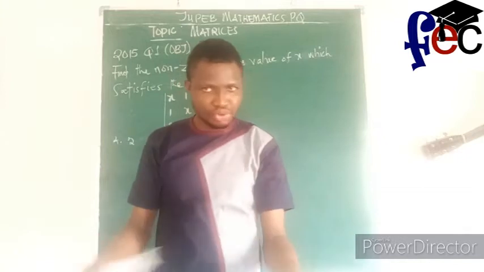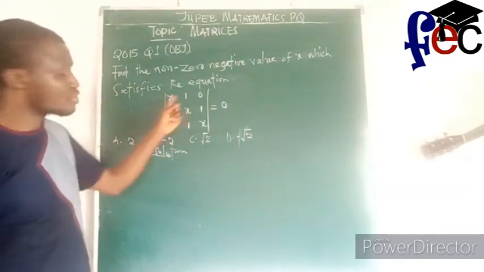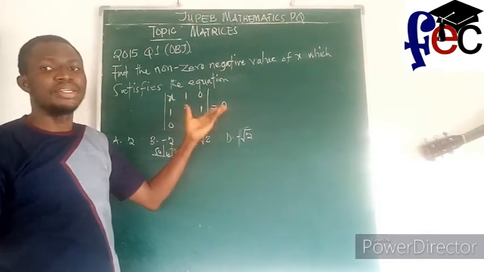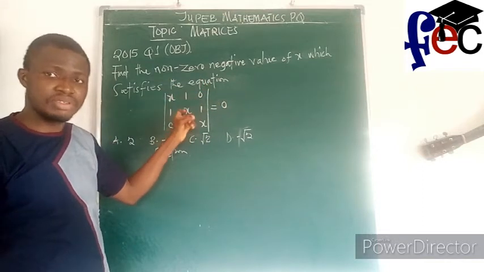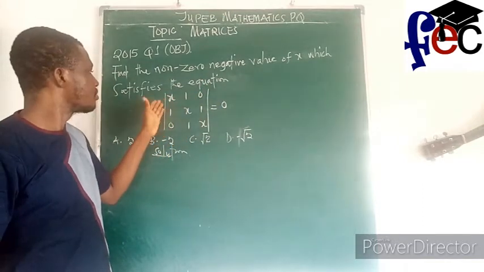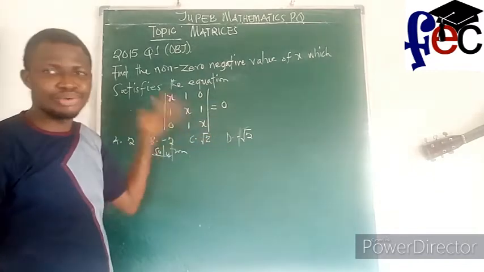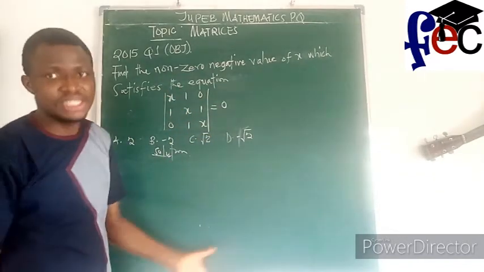I know the one you are used to is the first row, and we'll make use of that. But you can still get the determinant using any of the 3 rows or any of the 3 columns. You will still get the same result.